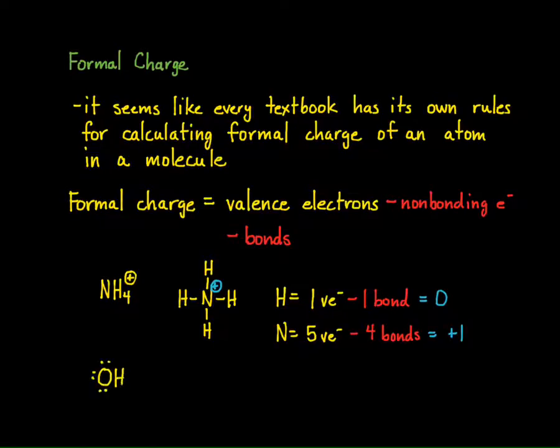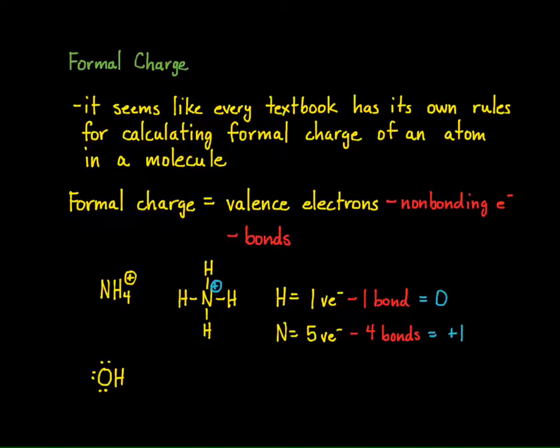Another example is this, OH, and the oxygen has 6 electrons around it. Now, I'm not giving any charge around it, so I'm not telling you if there's any charge around it. How would I find possible formal charges of OH?